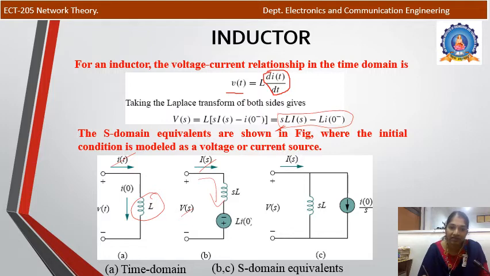So a series inductance becomes s into L. In the previous case, the resistor did not change, it is R itself, but in the case of inductor, it changes to s into L, and additionally it depends on the initial value. If there exists an initial value, there will be a voltage source or current source. If it has no initial value, this voltage source and current source value will be 0.